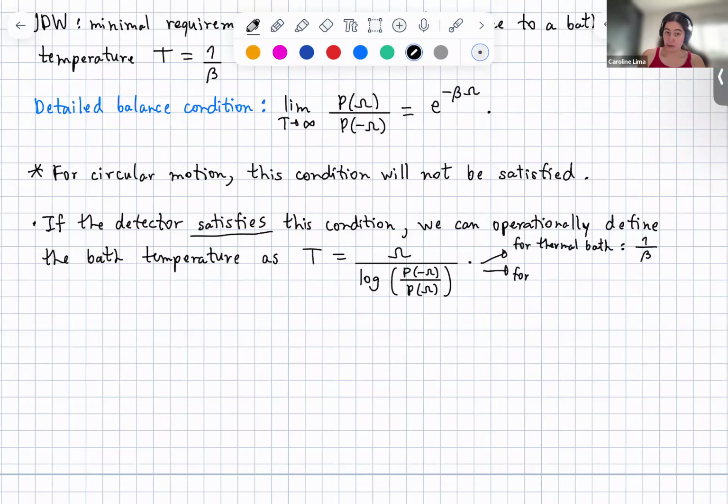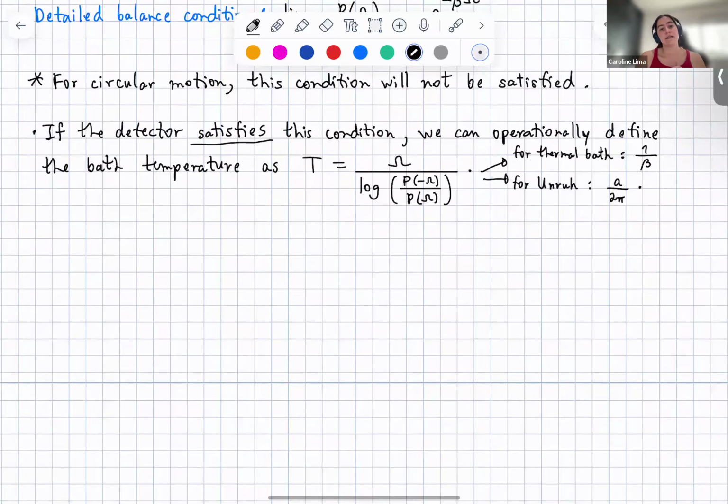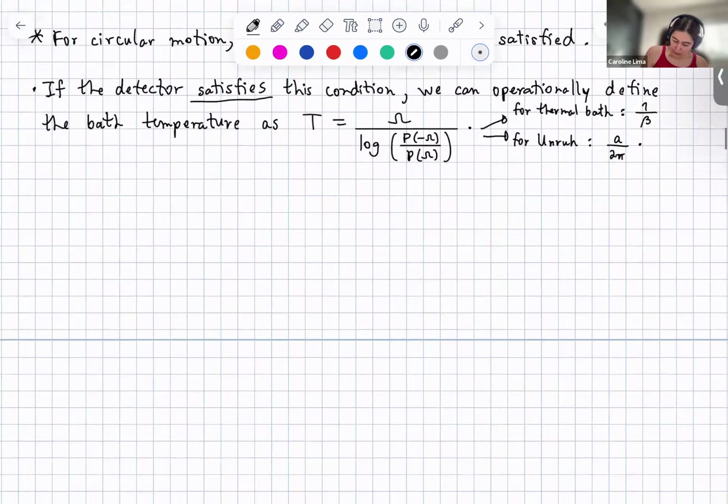And for Unruh, as we saw yesterday, it's just a over 2 pi. Now, suppose that we accept this temperature as an operational definition, ignoring whether the detailed balance condition is satisfied or not. So suppose that I still apply this temperature.